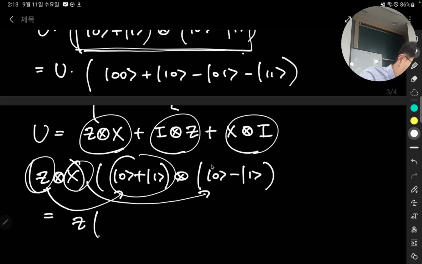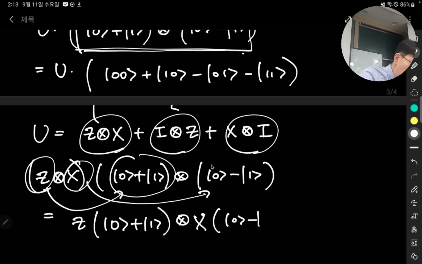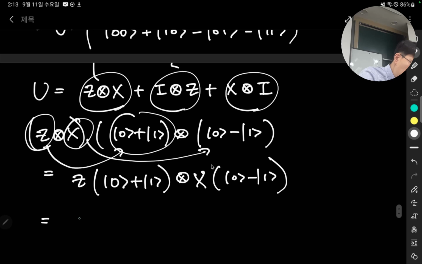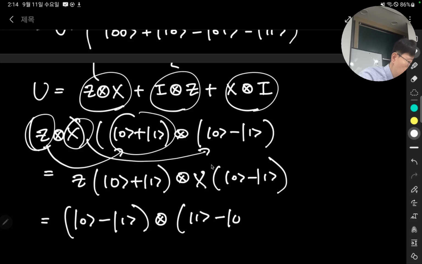So Z on (0 plus 1), tensor X on (0 minus 1). So what is the result? 0 stays 0, 1 becomes minus 1, that's the Z gate, and X becomes swapping 0 and 1. So that's the result. Applying Z tensor X on the 2-qubit state gives you this state.